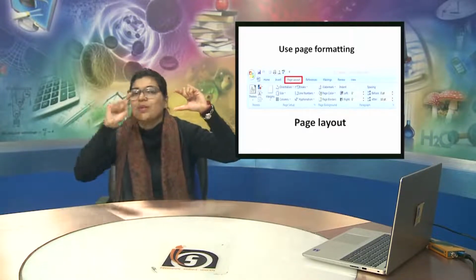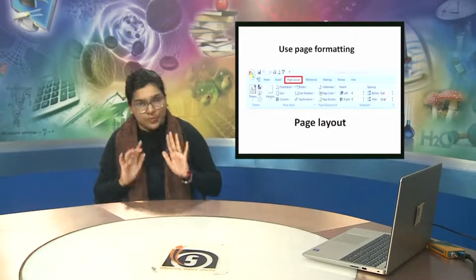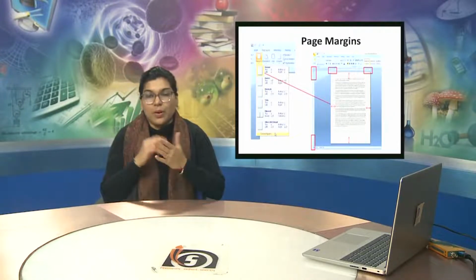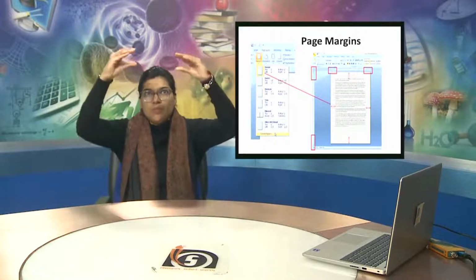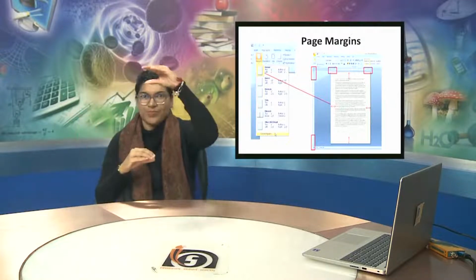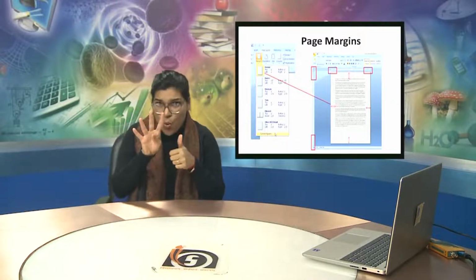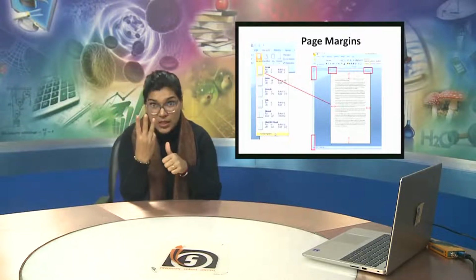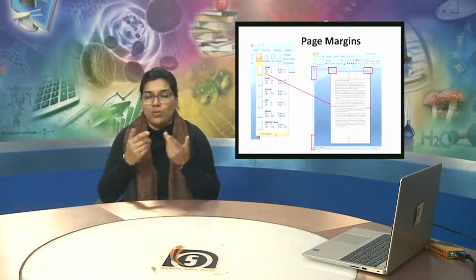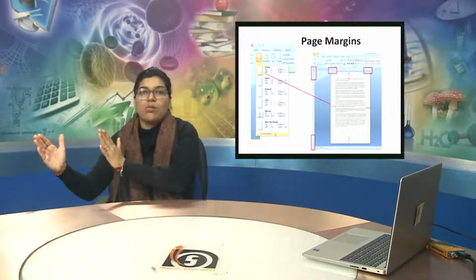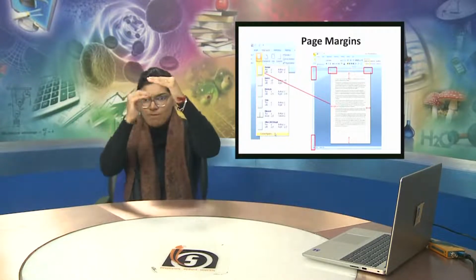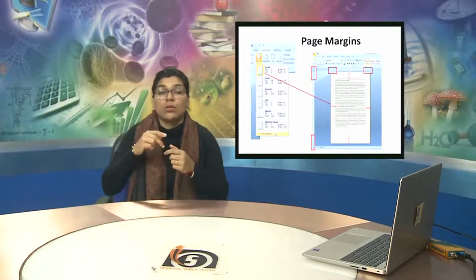You have to click on the tab, that is page layout, and a table will appear in front of you. As you can see, the red marks on the PPT will show you how the paper margin will appear when the printed material comes out.